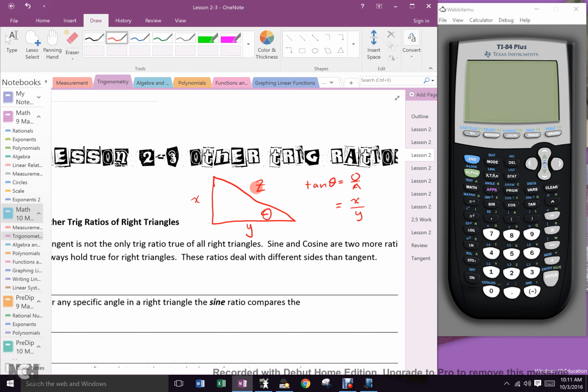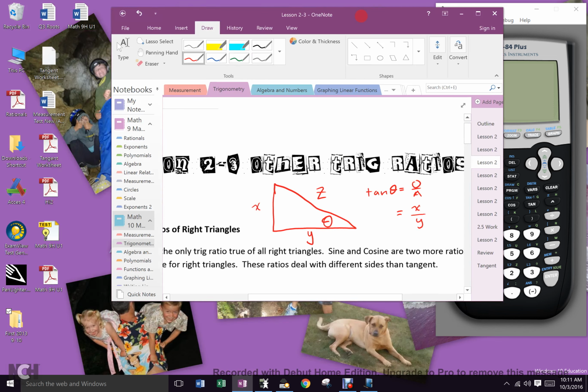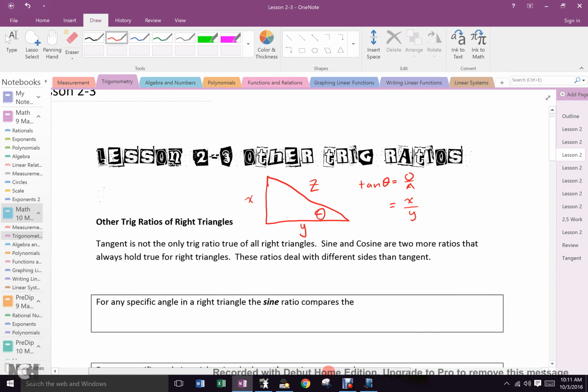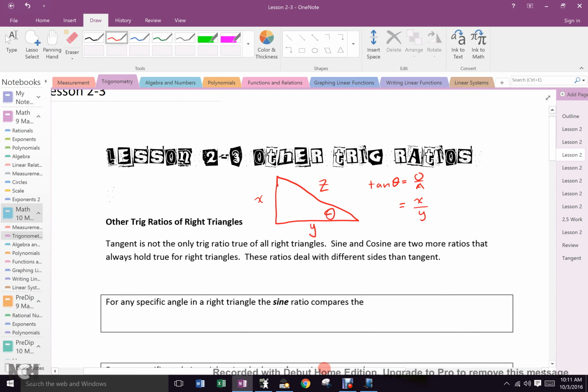So we are now going to talk about the other two ratios, the ones that use the hypotenuse, okay? So tangent is not the only ratio. The other two are named sine and cosine, and they also work in every right angle triangle, just like tangent, okay?